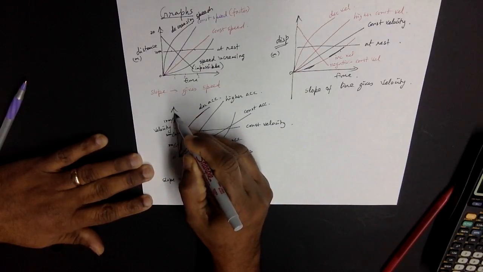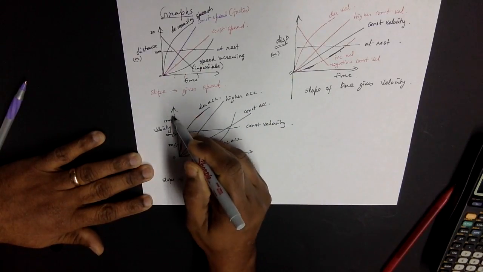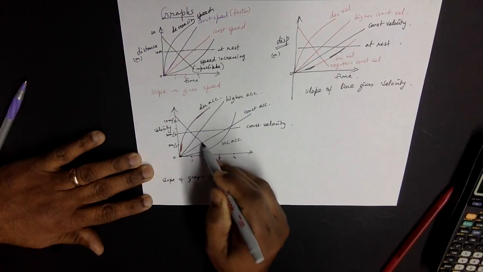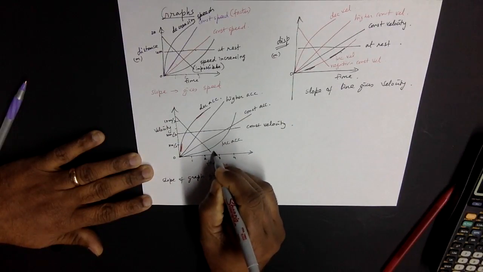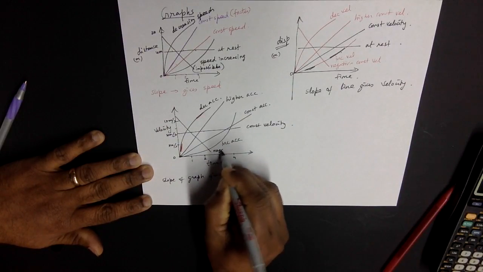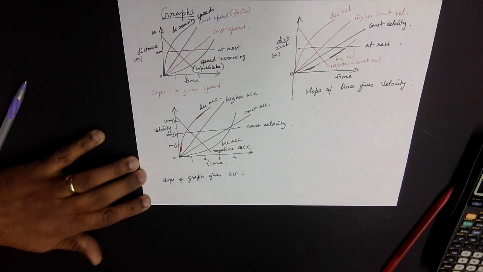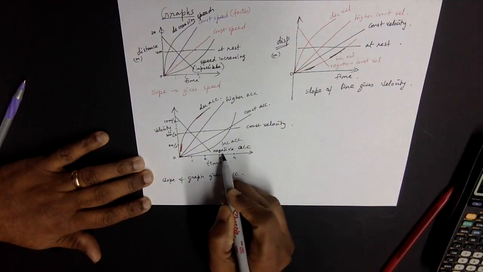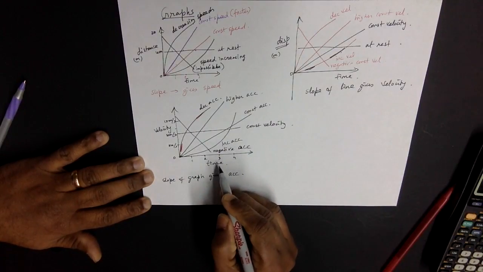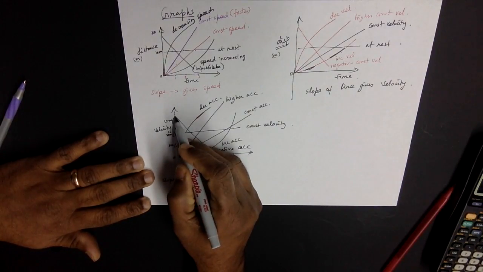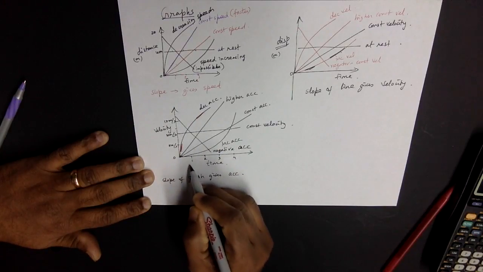So you can have negative velocity or negative acceleration. If it comes down like this, it's a negative acceleration, because it was a higher velocity and then it starts coming down to lower velocity.